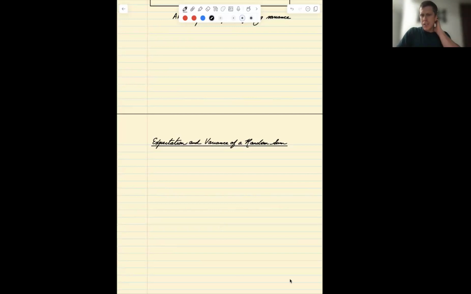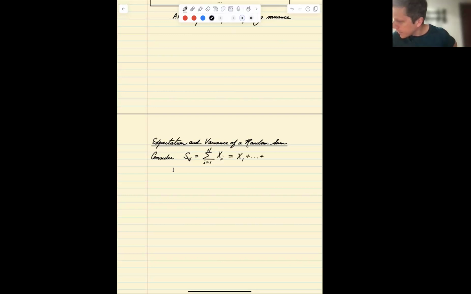So what do I mean by this? We've previously talked about the case where we're interested in the random variable S sub n, which is defined as the sum from i equals 1 to capital N of X sub i, where capital N is a random variable.